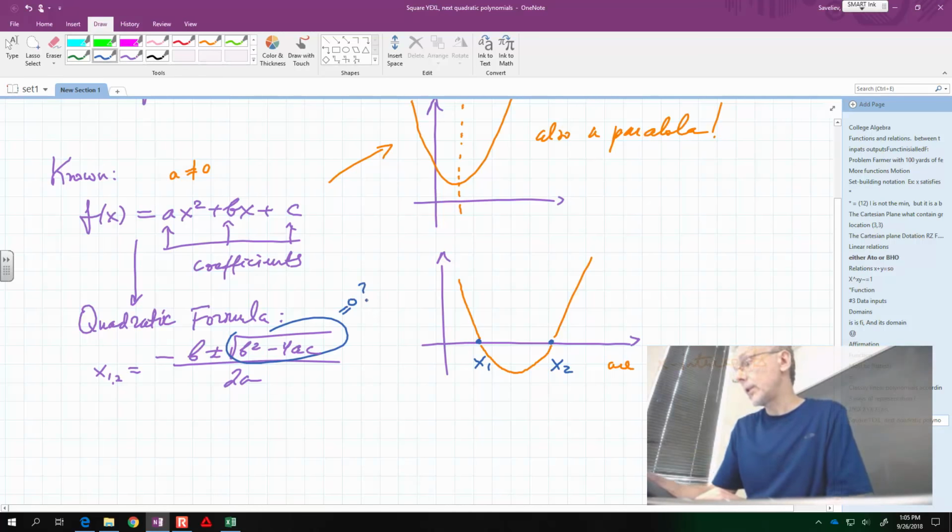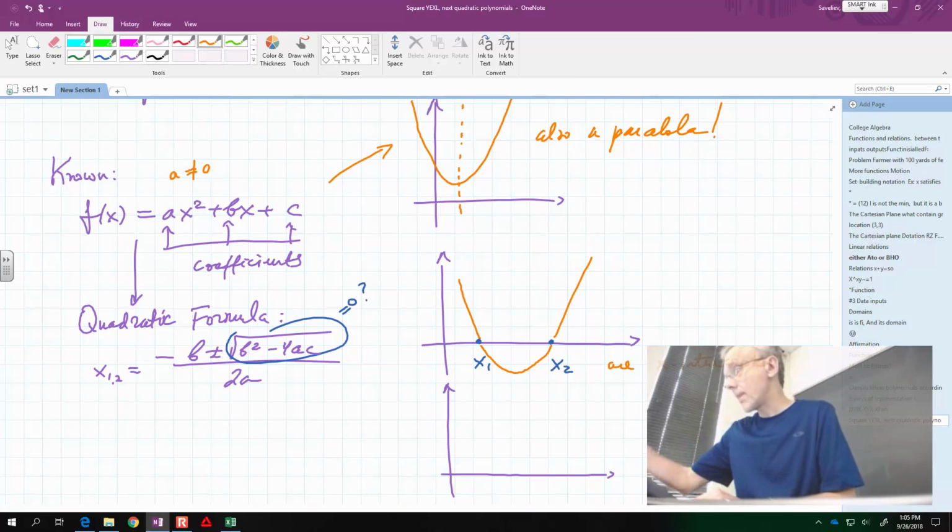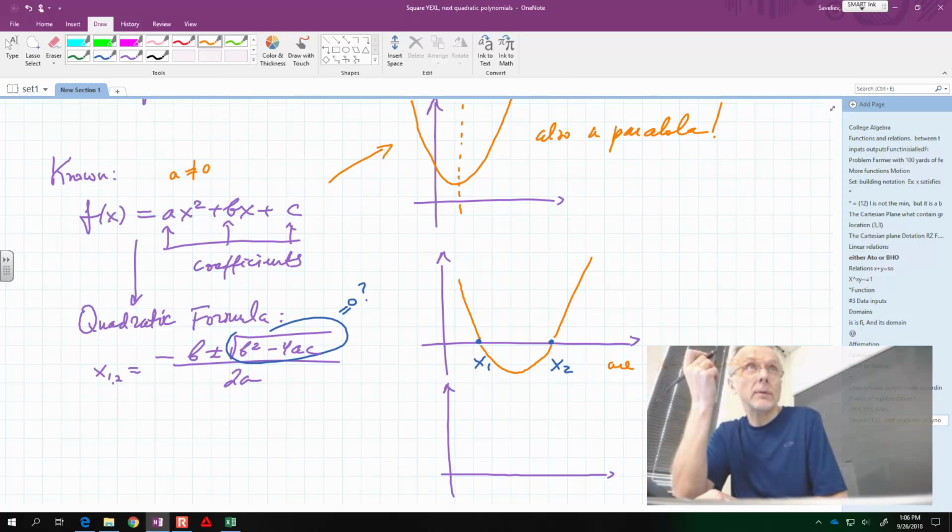So how can you possibly have only one x-intercept? What does the graph look like?